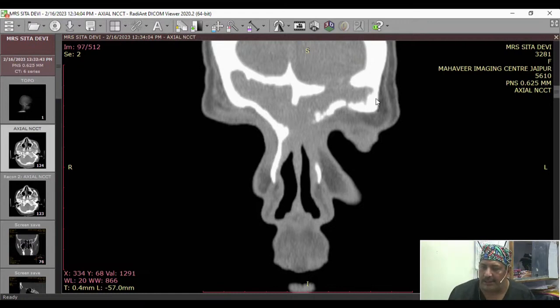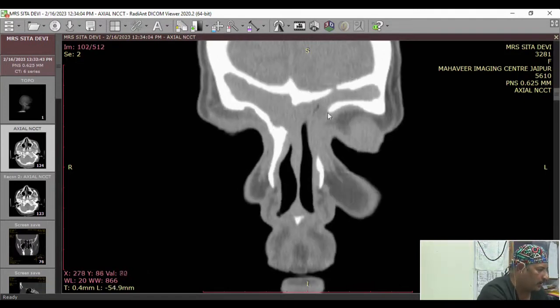So now it requires a bigger procedure, complete marsupialization. The first try should be a modified endoscopic Lothrop to regain the drainage again. The issue is to gain the drainage and delivery of the medications, the topical steroids, by removing the floor of both the frontal sinuses.